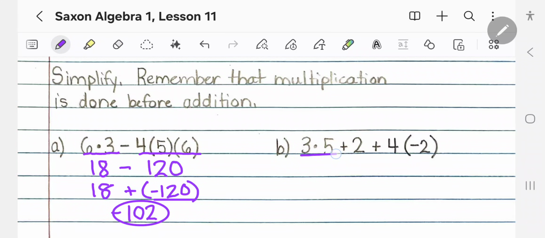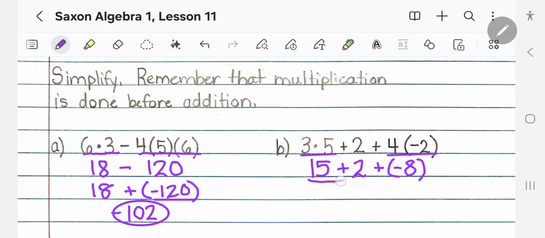3 times 5. I can go ahead and do that and copy down, plus the 2, plus, oh, there's another multiplication. 4 times the negative 2 is negative 8. Now I'm going to put that in parentheses, put the negative sign there in parentheses to help it to be able to see it. I won't miss it.